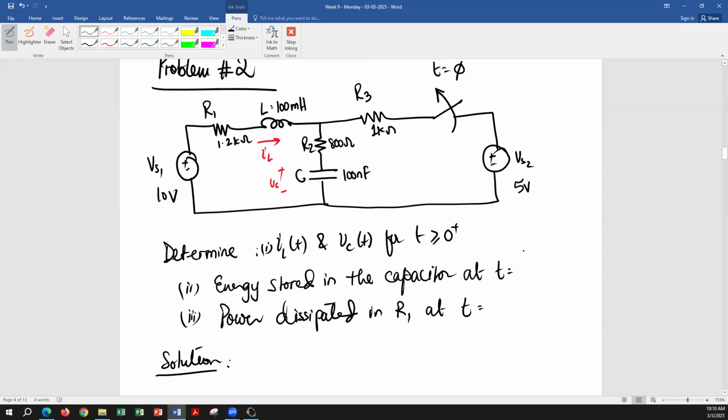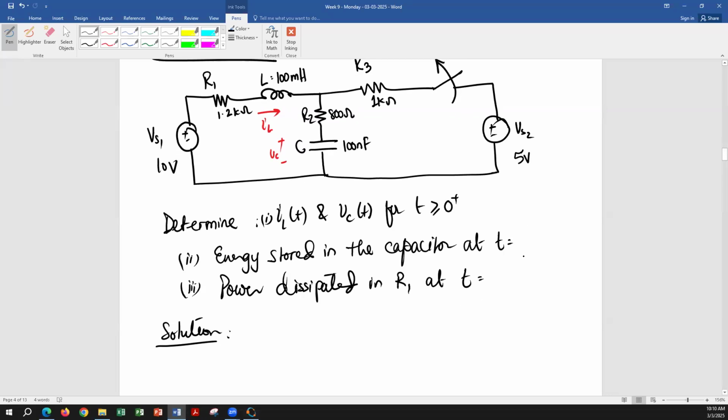What is the first thing that we do when we are solving for the current and voltage across a capacitor? We find initial conditions. So at t equals 0 negative, IL(0 negative). Who is going to tell me how we are going to find IL(0 negative)?